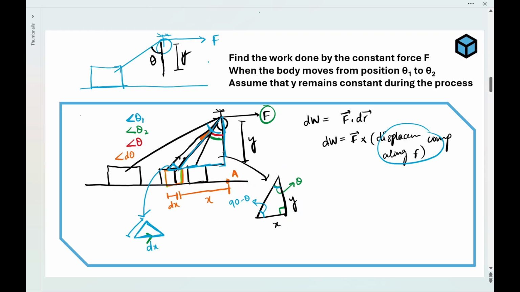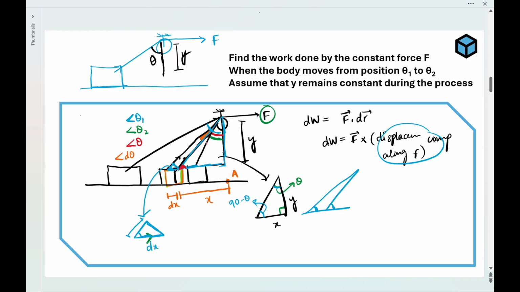Now since there is a small angle change over here, these two angles are almost equal. Let me highlight with another color.